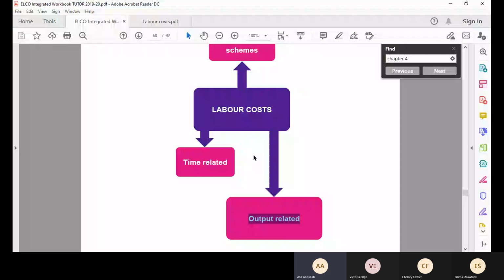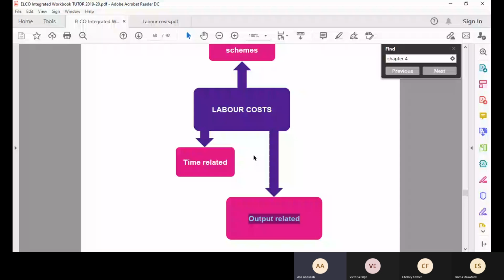If you are under a contracted hour, the output does not affect your contract. What do I mean by output? Output means production, the product that you are going to make. So it will not affect the time rate.